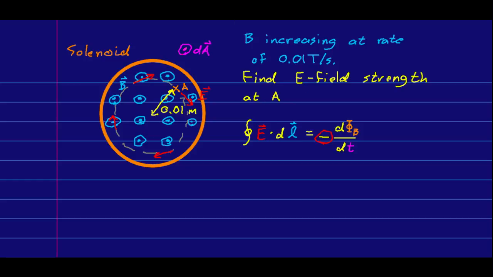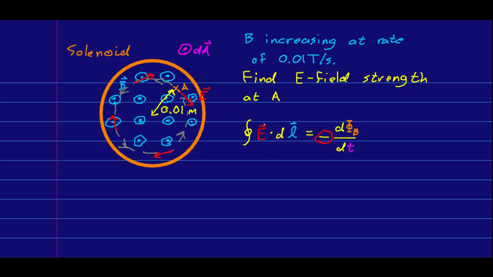I am going to define my dA, my area elements for this flux, to be out of the page, and so that's going to make this flux come out positive, and the rate of change of flux is going to be positive. Then I have to trace my path around this way for everything to work out, so that now my dot product between E and dl is negative, as it should be.